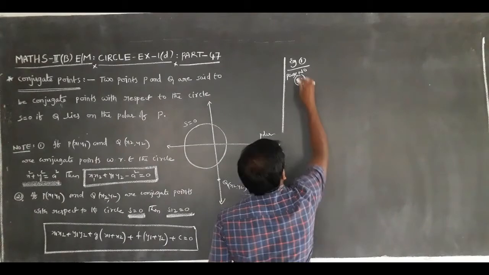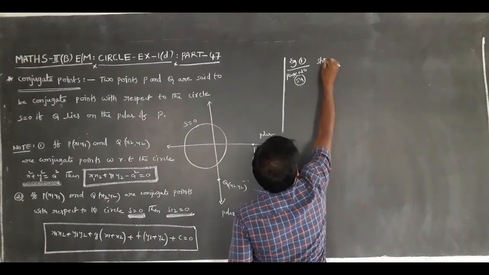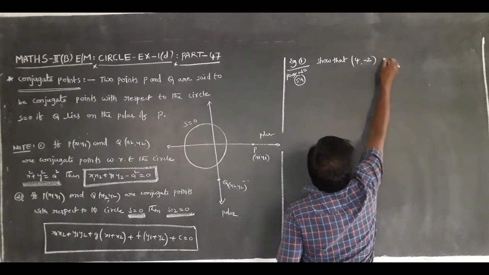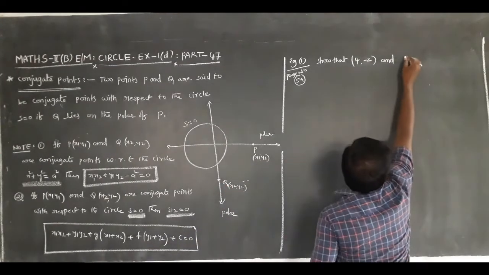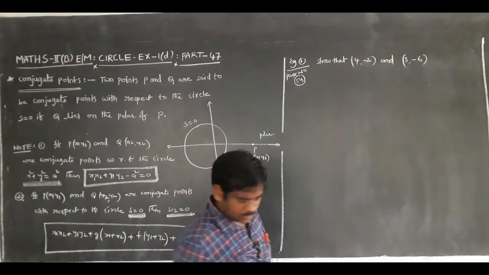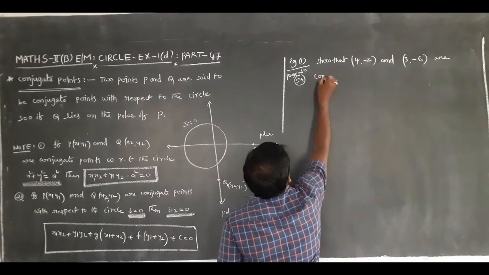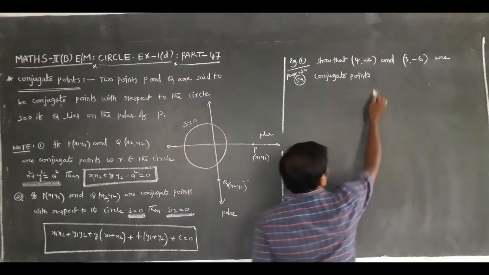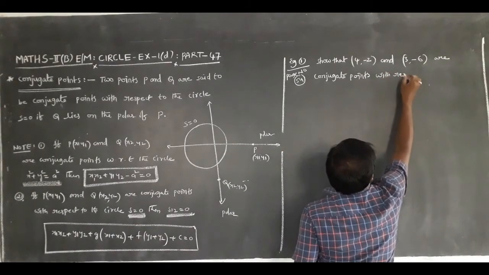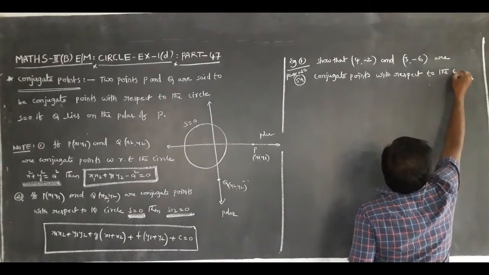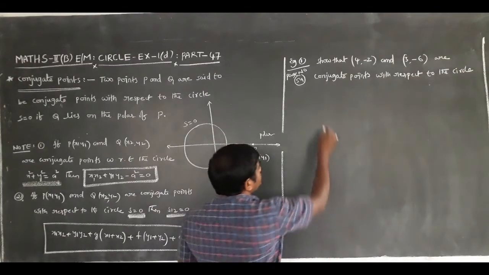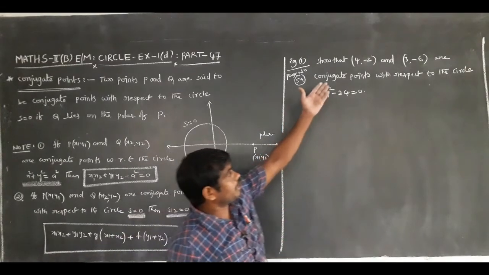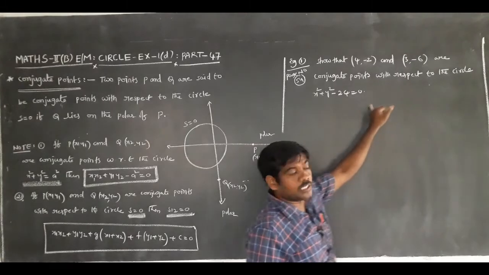Show that the points (4, -2) and (3, -6) are conjugate points with respect to the circle x² + y² - 24 = 0.